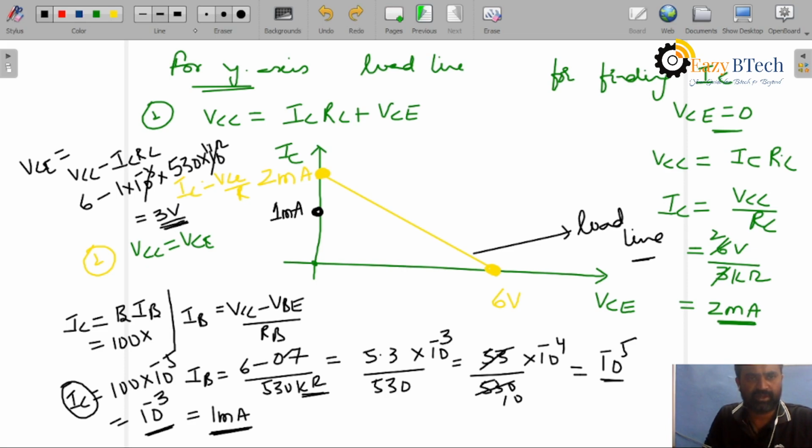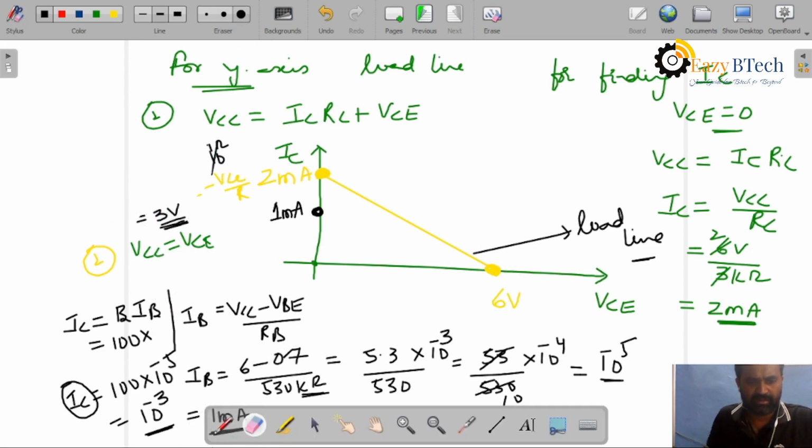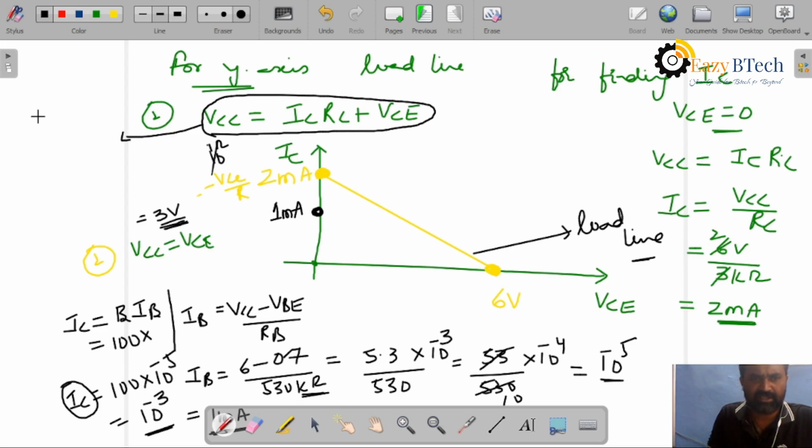Okay, students, you can see from here what the equation is. This is the equation to find out the VCE value: VCC minus ICRC.